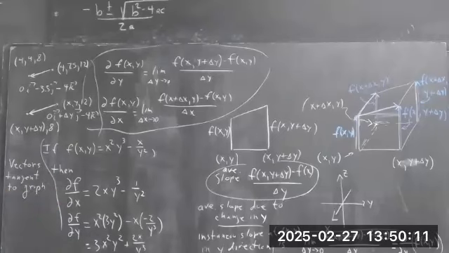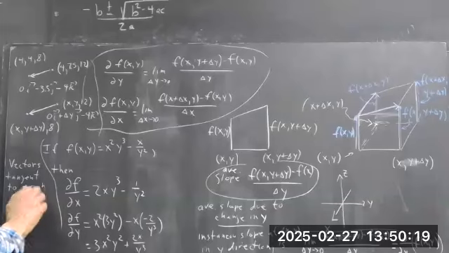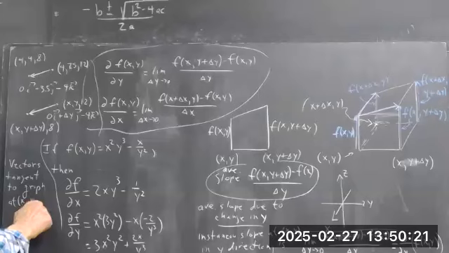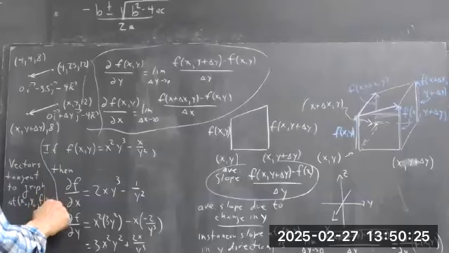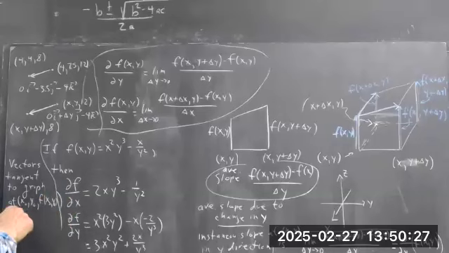Vectors tangent to the graph of this function at the point x naught, y naught, f of x naught, y naught. You see that?